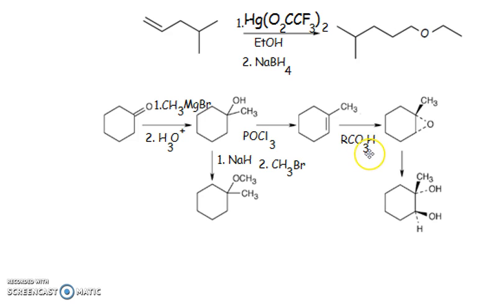Okay, let's get this one set up there a little better. Now, to go from the epoxide down to here, that's just cleavage with acid. And you get a trans diol. Okay, and that's it.